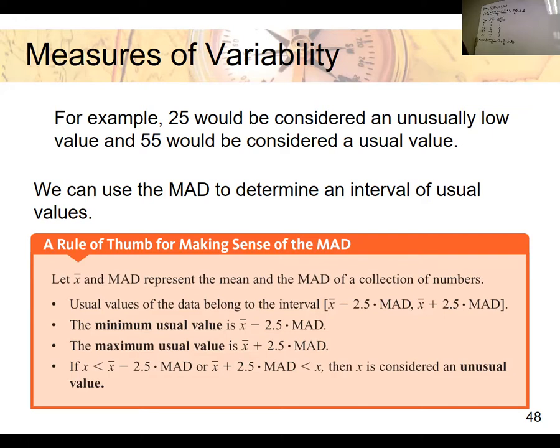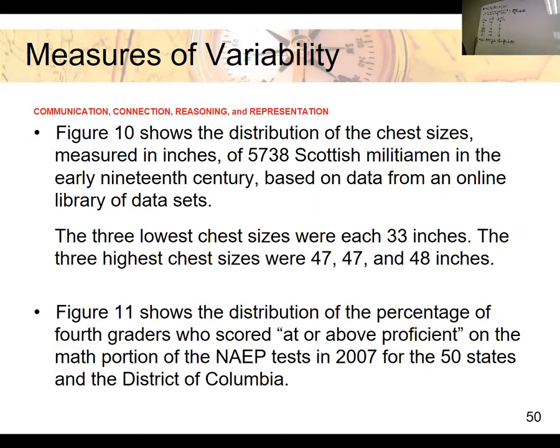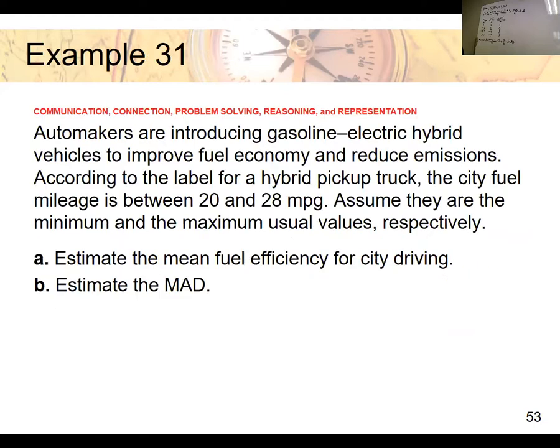All right, so let me go to this example. I'm going to have to skip through these slides here. Like this one. Automakers are introducing gasoline electric hybrid vehicles to improve fuel economy and reduce emissions.